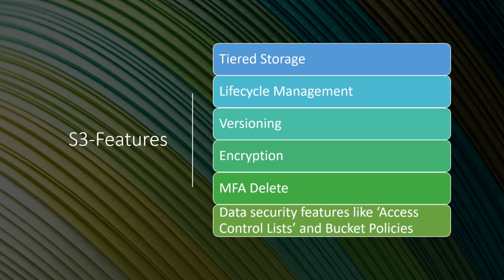Then another feature for data security is access control lists and bucket policy. Using these features we can restrict to whom we give access and what level of access, like read, write or delete, using access control lists and bucket policies.